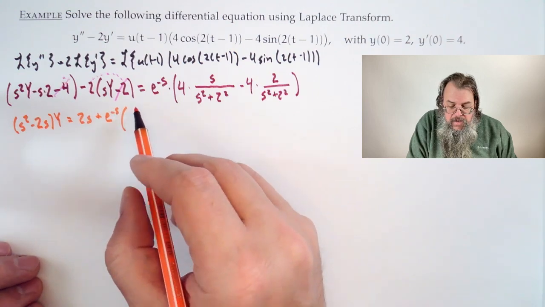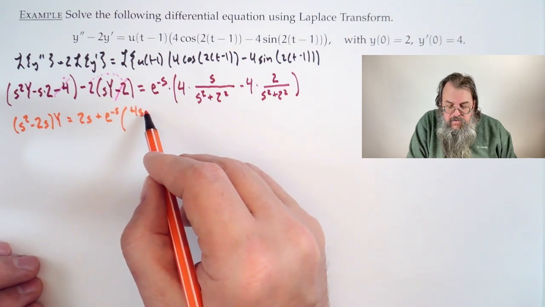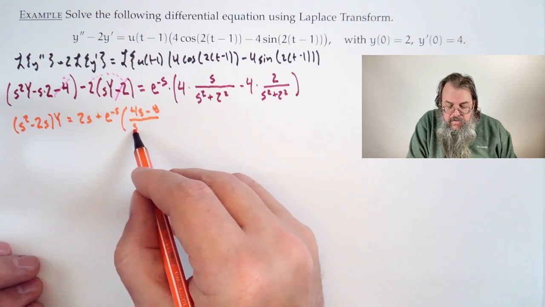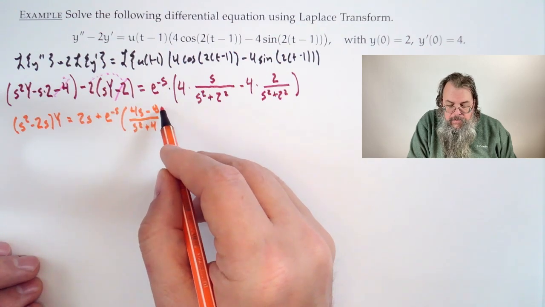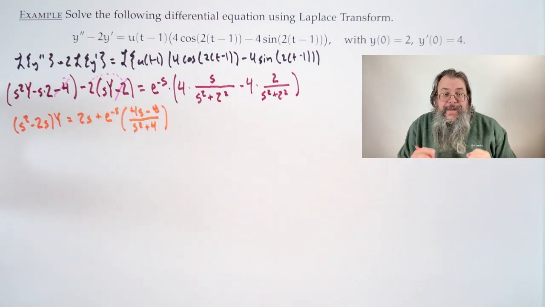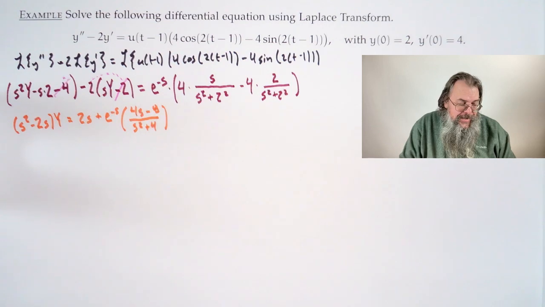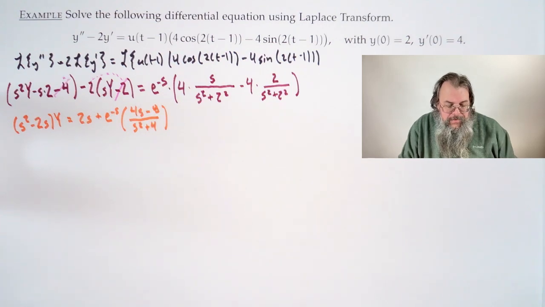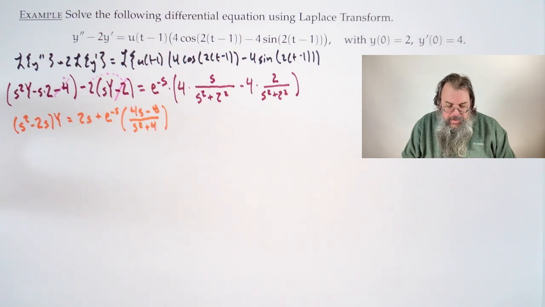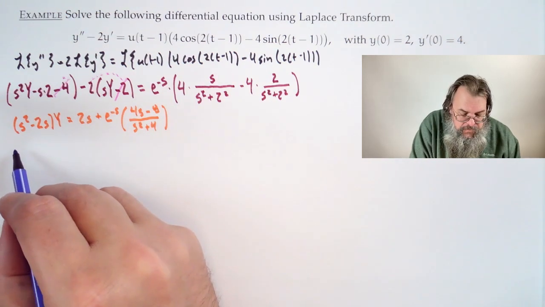Then we have a 4s minus 8, divided by s squared plus 4. Okay, well, divide, and we'll have a nice idea of what y should look like. So, y should look like the following.